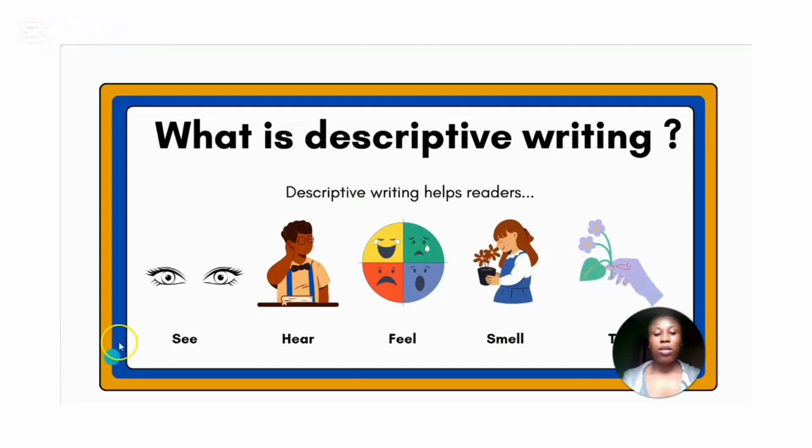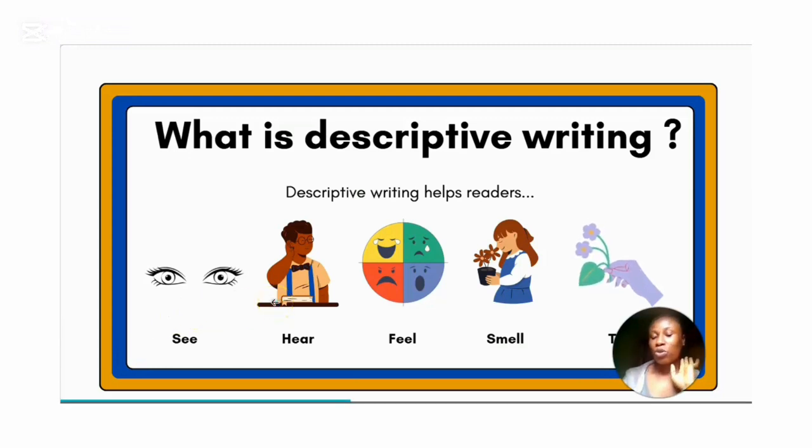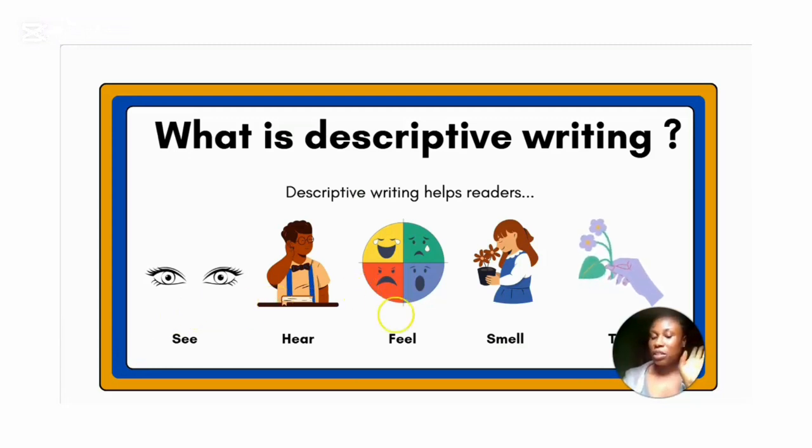Also, they can hear it, and they can feel what you're trying to say. For example, emotions. If you're talking about a sad scene or you're telling a story about a sad event, your readers need to feel that emotion.